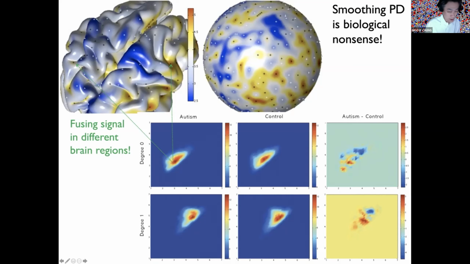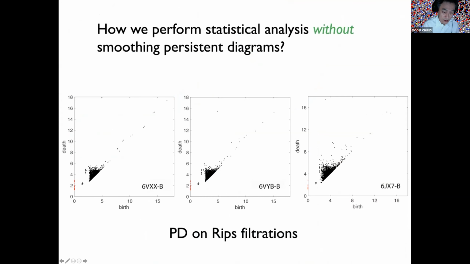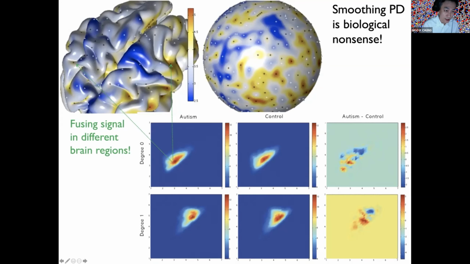Most brain imaging people want to not only look at the global differences, which TDA gives, but also want to look at the local signal differences. And smoothing doesn't give this kind of localized information. So the question is, how are we going to do the statistical analysis without smoothing the persistence diagram?